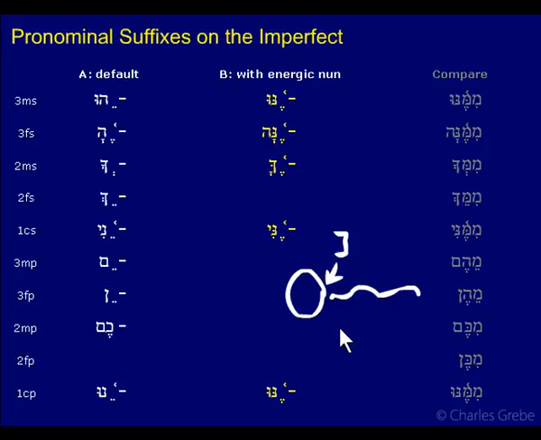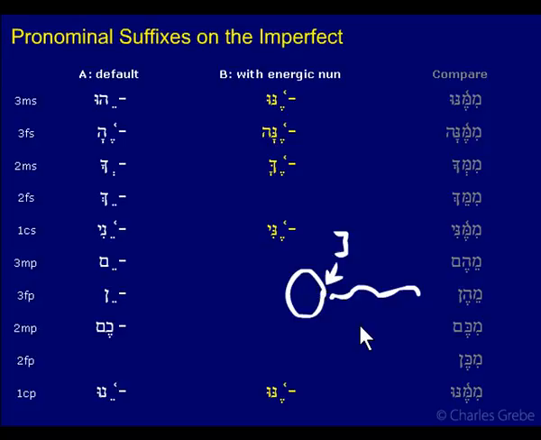So you get this double consonant, which in Hebrew is expressed with a dagesh forte. And so you get this dagesh forte running all the way through here. So you have this dagesh forte there and there and there and there and there. And this energic nun basically strengthens the ending. It adds more substance to it, right?